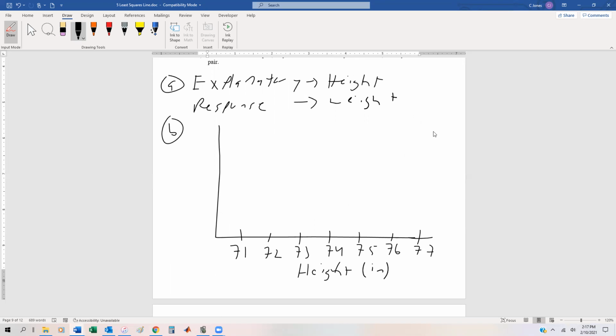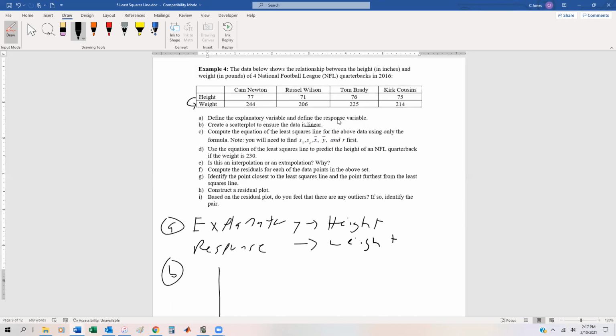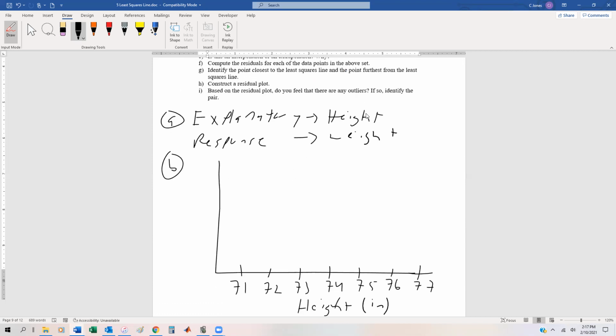Then we have our weights, which range, I believe, from 206 to 244. So let's start at 200 and go up to 250 in increments of 10: 200, 210, 220, 230, 240, and 250. And these are weights, and those are in pounds.